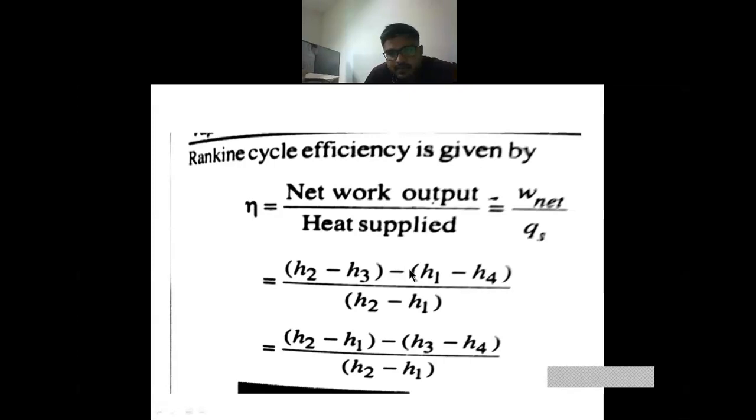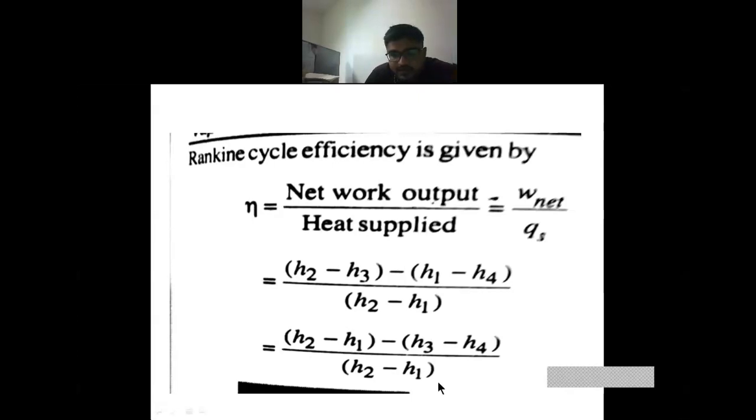Now we have just rearranged the upper term. You can see H2 minus H1 and H3 minus H4. These are similar terms, H2 minus H1, and this is also H2 minus H1. Clear?